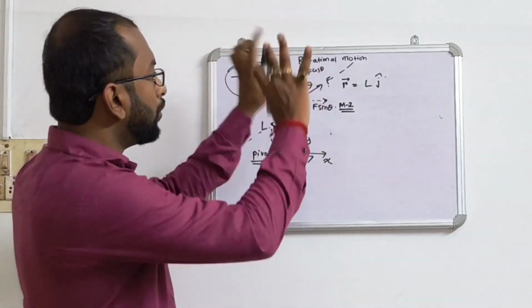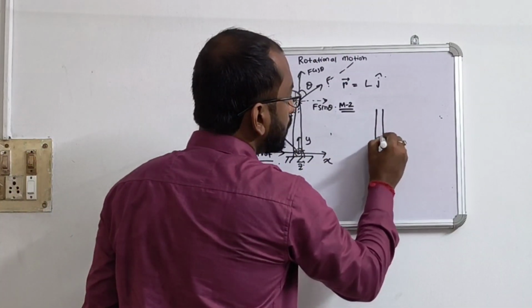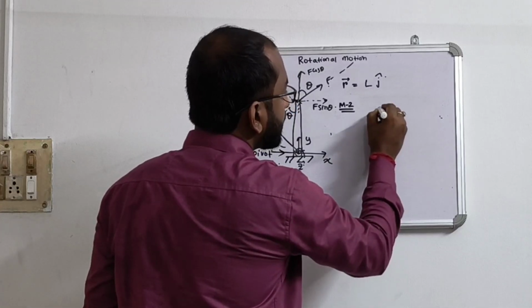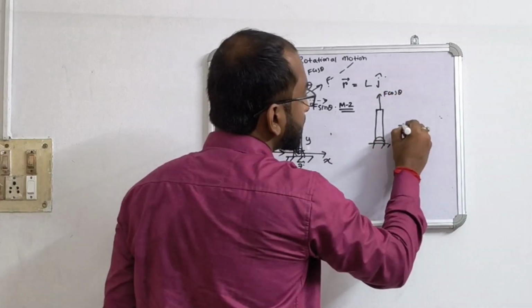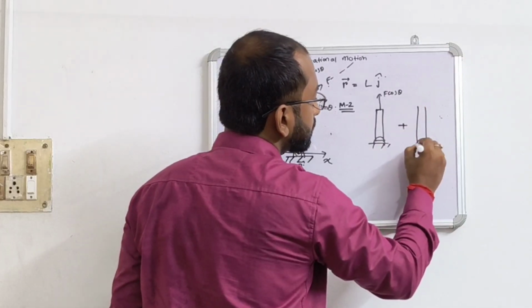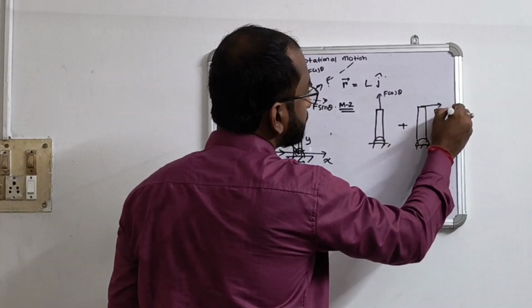So now we'll divide the problem into two parts. One is F cos theta getting applied in this direction, plus this pivot point is there, and another force getting applied is F sin theta.